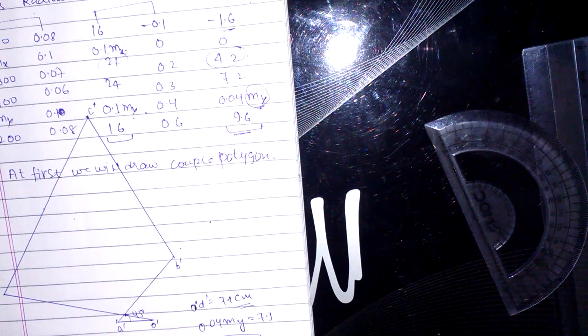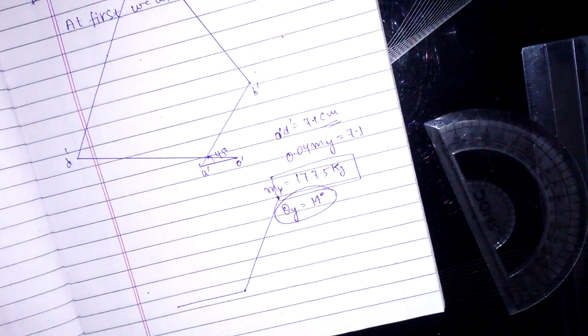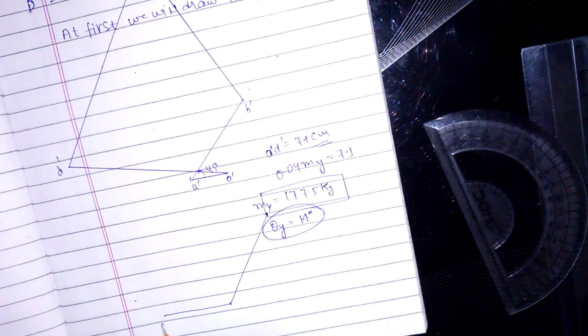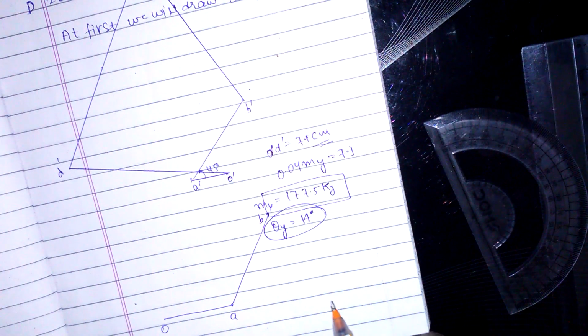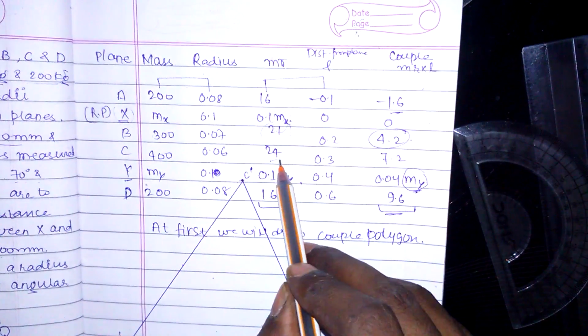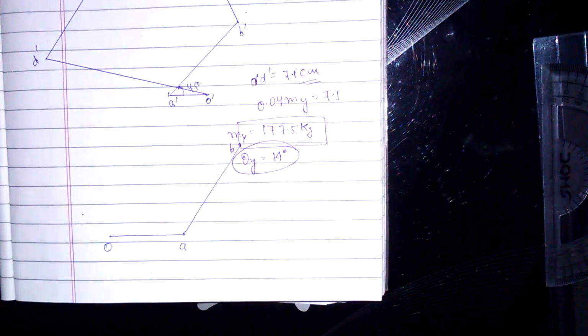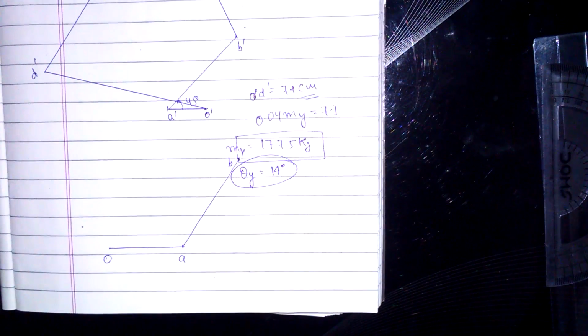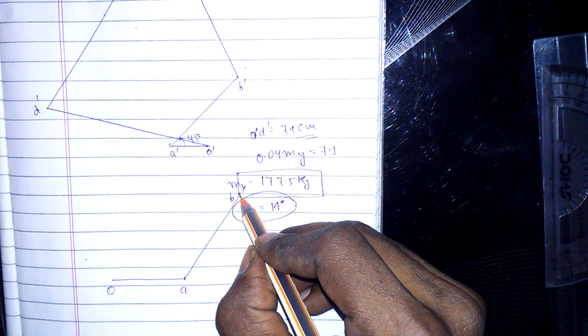So A to B, say it is over here, OA, it is B. Now BC is 24 at an angle of 70 degrees anti-clockwise. So it would be somewhere over here.